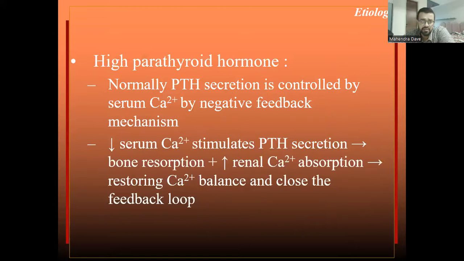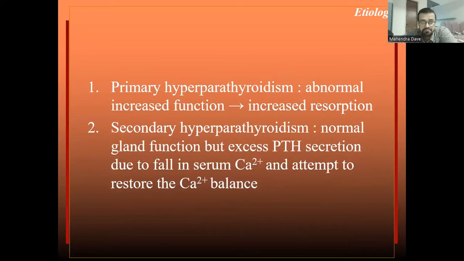High parathyroid hormone. Normally, the parathyroid secretion is controlled by the serum calcium by a negative feedback mechanism. The decreased level of calcium stimulates the parathyroid secretion, bone resorption starts taking place, and renal absorption of calcium becomes higher. Restoring calcium and balancing it becomes difficult, and this goes on in a loop.